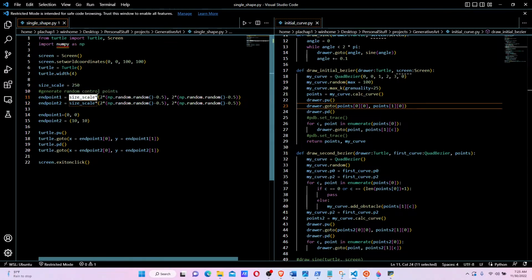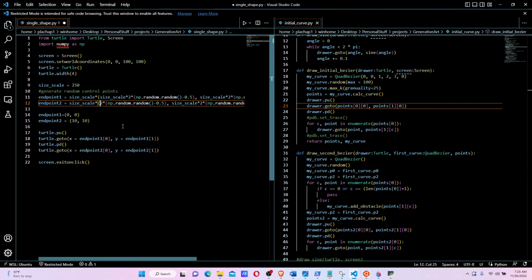Maybe this I need to put inside instead of outside. Oops. Did I take away the 2? Didn't mean to do that. Okay, so put that back there. Paste it in here.